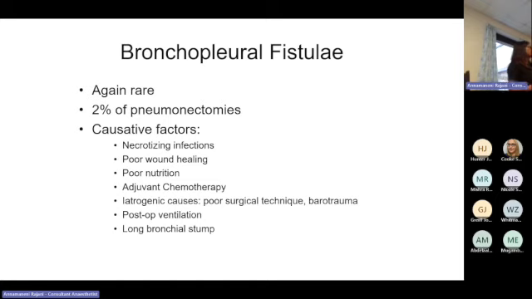That's one of the reasons why we don't operate on patients with really low BMI, because of their poor nutritional status. We try to build them up before we take them for surgery. So poor nutritional status, poor wound healing, diabetics, people on steroids, any necrotizing infections that might be there.